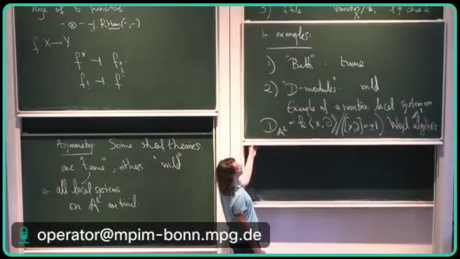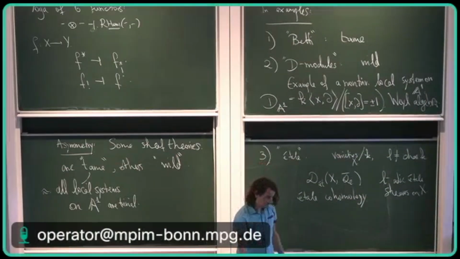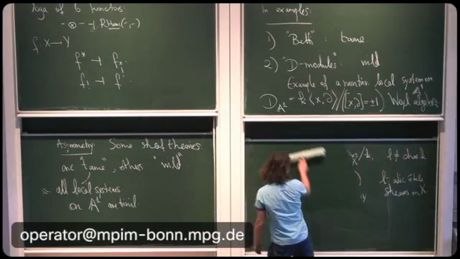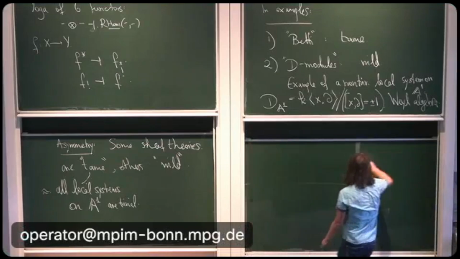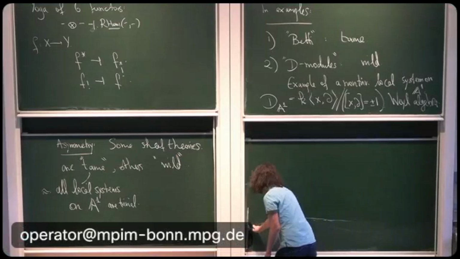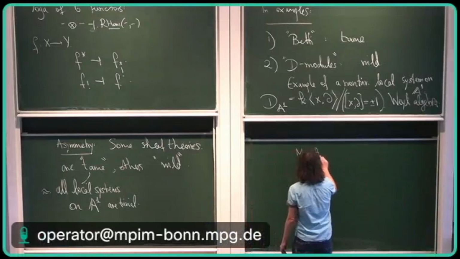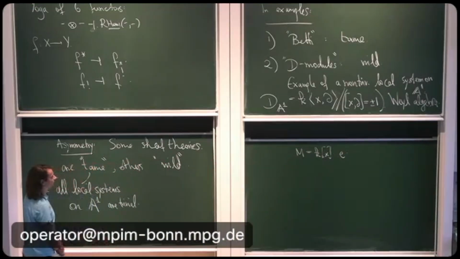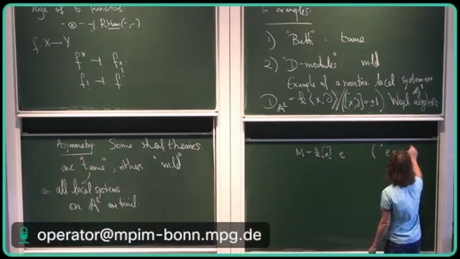And so what's the example? You can take just the module which is free on a symbol called E. And the idea is that E is the exponential of x.